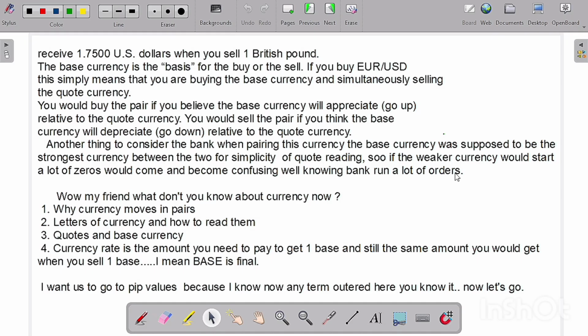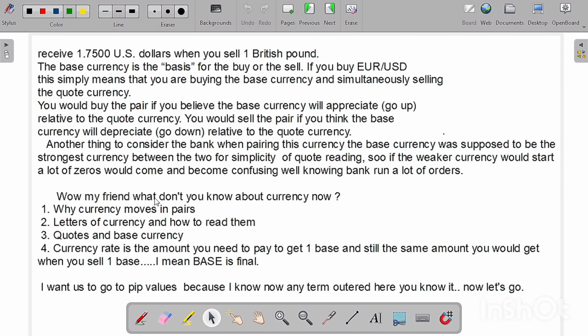They need to deal with lots, and one lot represents a fixed amount. So even in currency pairing, they pair the strongest against the weakest, for simplicity of reading those quotes.